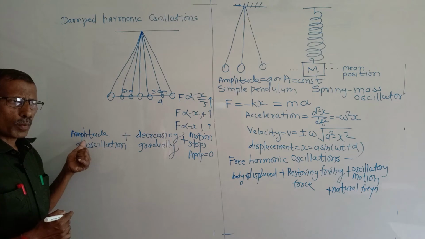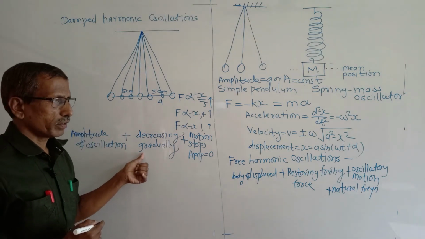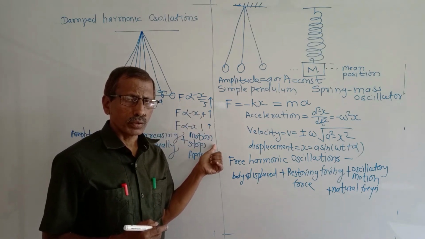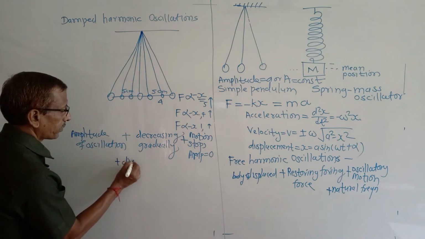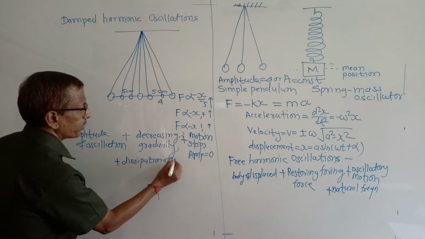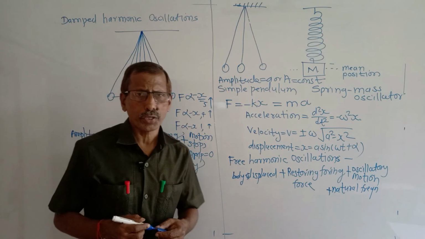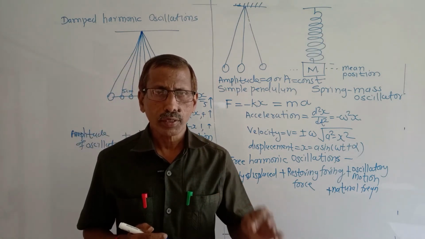If the amplitude of oscillation goes on decreasing gradually and finally the motion of the body stops due to dissipation of energy, such a type of motion is called damped harmonic oscillations.